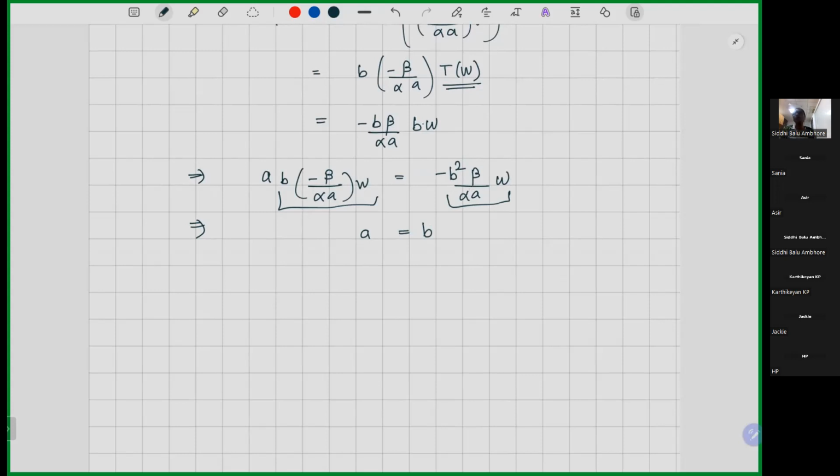Then A is equal to B. I'm cancelling one B here, beta here, minus here, and alpha A here. And I can also remove w because w is a non-zero vector. So even if I write it as Aw is equal to Bw, and w is non-zero, this implies A is equal to B.